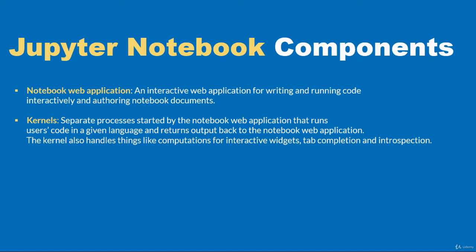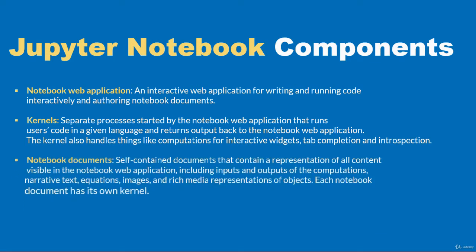The third component is called the Notebook document. The Notebook document is basically a self-contained document that contains a representation of all the content that is visible inside the Notebook web application. This includes the inputs you have and also the outputs which are produced from the kernel.